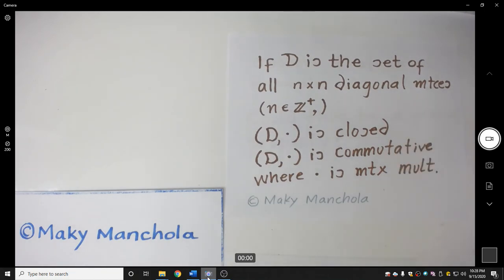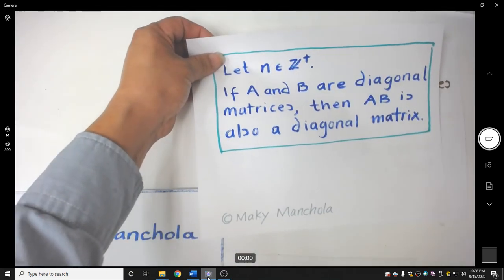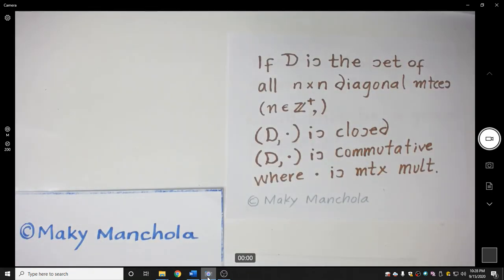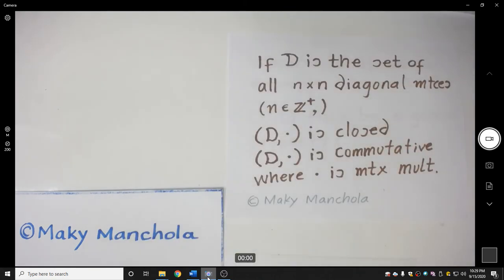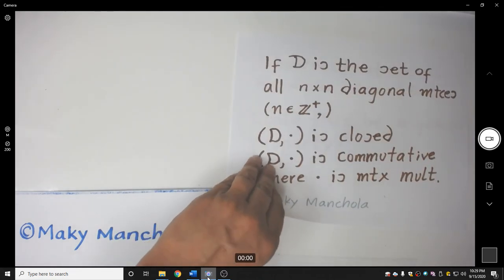So that property is satisfied because of our first property of diagonal matrices. Second, the structure D under multiplication of matrices is commutative. That is also the case because of our second property of diagonal matrices.